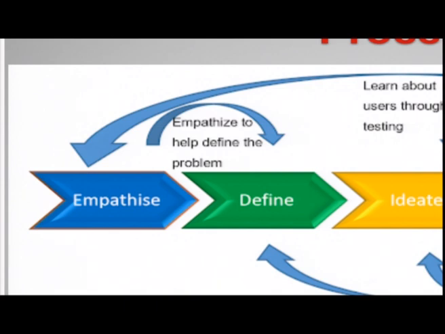So when you are going to empathize, how do you gather requirements? How do you ask queries to the customer? How do you respond to the customer and get the requirements? Based on the requirements that have been gathered, empathize will help to define the problem.